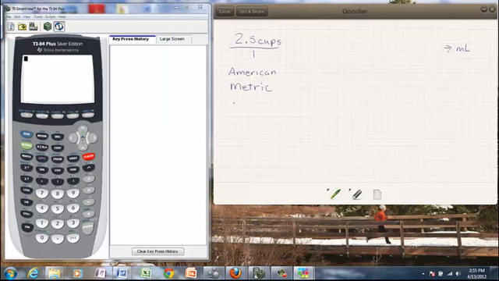Well, the only thing that I'm finding down here that might work is that 1.06 quarts is approximately equal to 1 liter. So let's see if we can find some other things. I'm going to go back up to the American and see if I can get from cups to quarts. Well, I can get from cups to a pint.